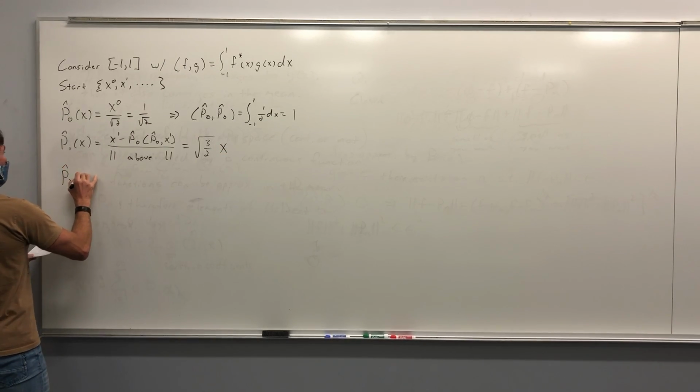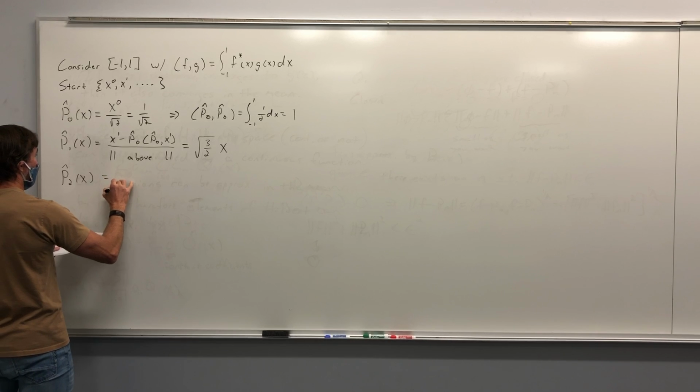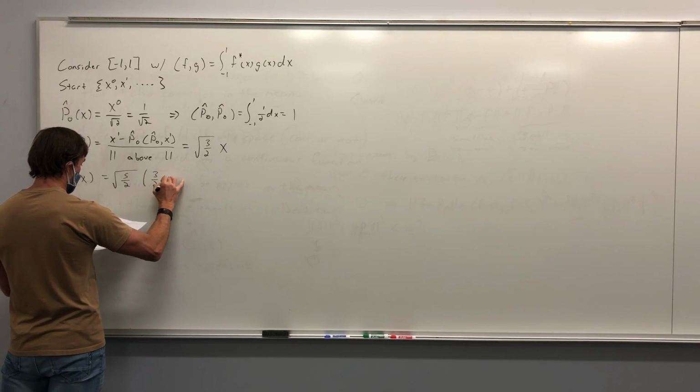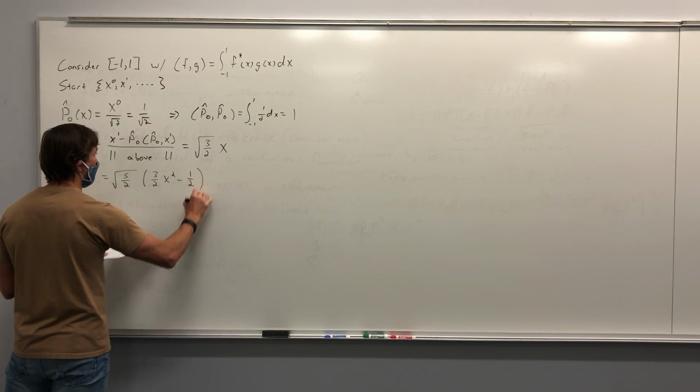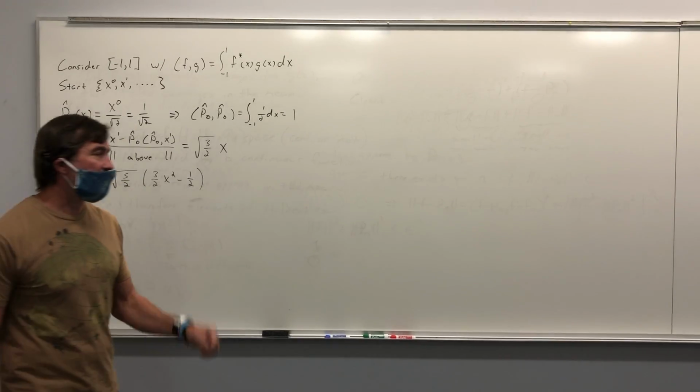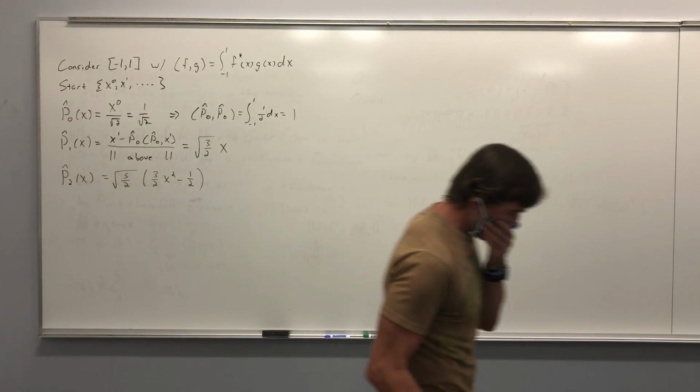And P2 comes out to be root 5 over 2, 3 halves x squared minus 1 half. Okay? So as promised, the index labeling the p's corresponds to the highest order in the polynomial.